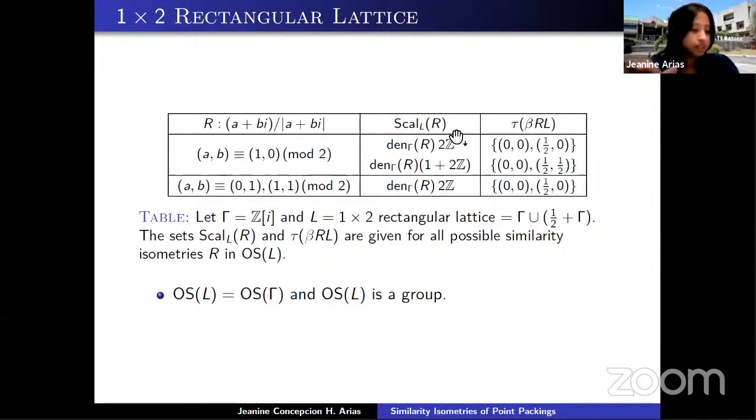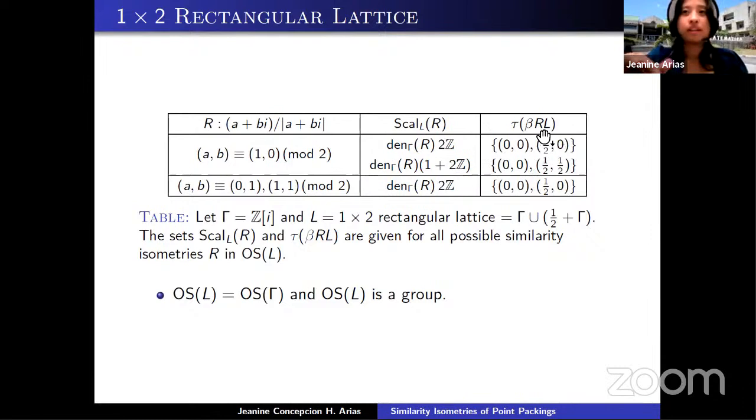And when the entry for skull consists of 2 rows, it means that skull is equal to the union of those 2 sets. We just write it in different rows because they generate different taus.